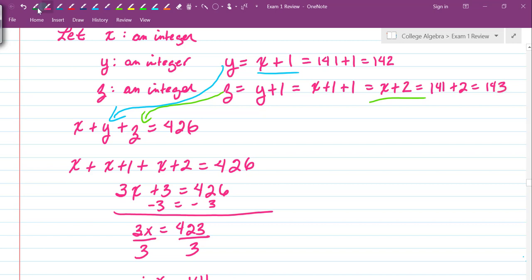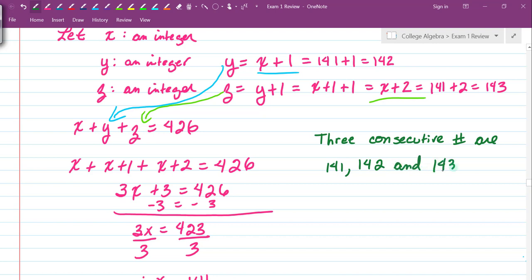So our three consecutive numbers are 141, 142, and 143. Now let's go ahead and check our work.